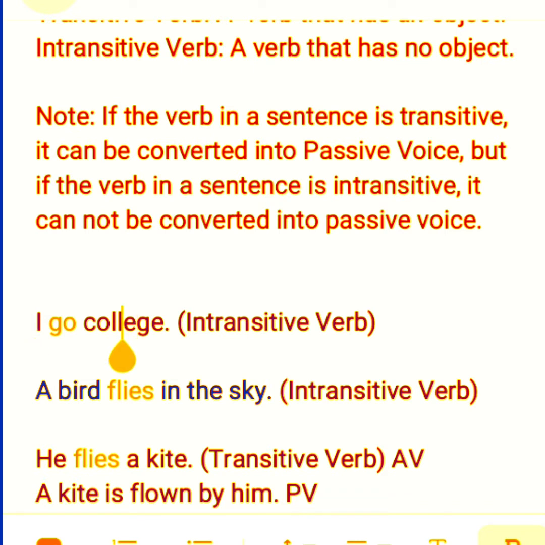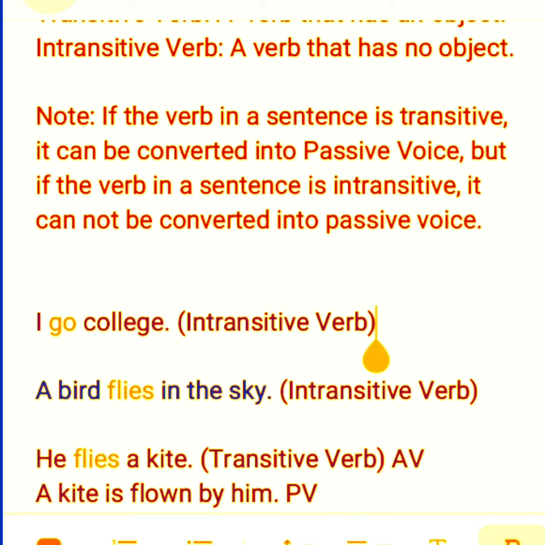The action here is go, of going. So I go to college, but I does not do anything to this college. That's why this is not my object. The action passes from this subject and it does not pass over to the object. That's why it is an intransitive verb.